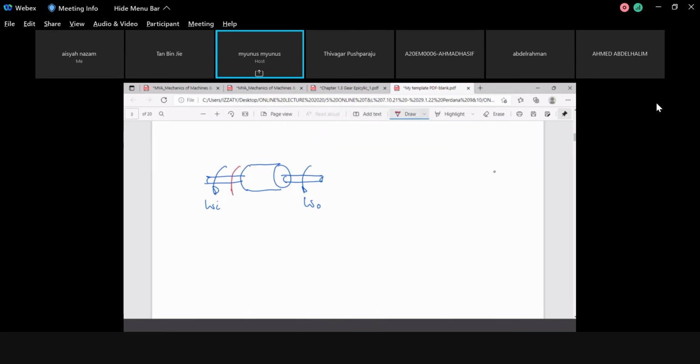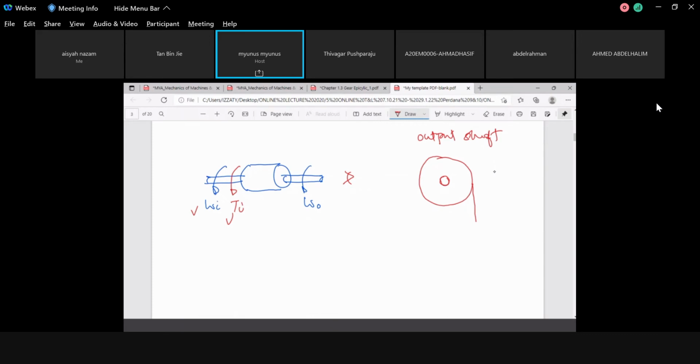Same direction. But TO, look at TO. You look at it from one end, view from one end. What you find is that it is like this, right? Then assuming that this shaft here is the output shaft connected to a drum, supposedly.